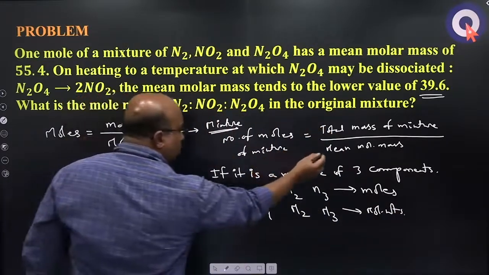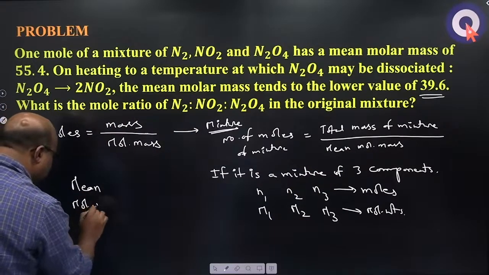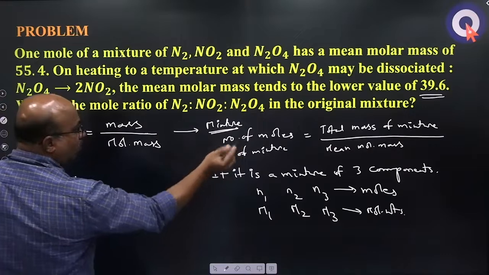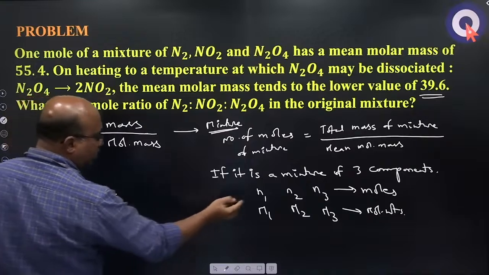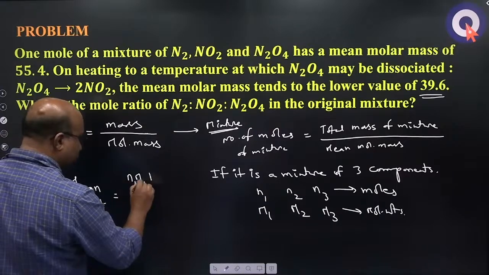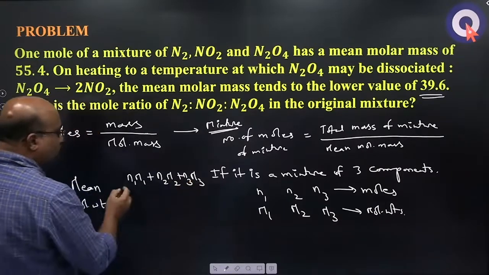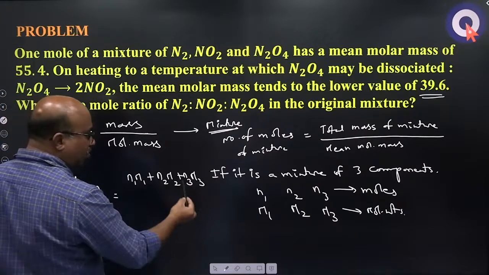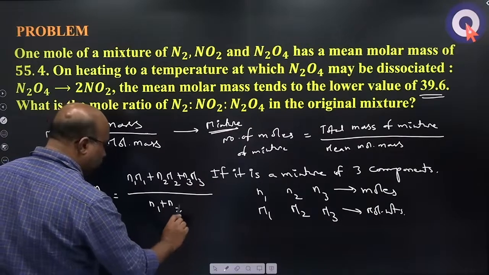Then the mean molecular mass is the total mass, multiplying number of moles into molecular weights: N1M1 plus N2M2 plus N3M3, giving the first, second and third component masses, divided by total moles, that is N1 plus N2 plus N3.